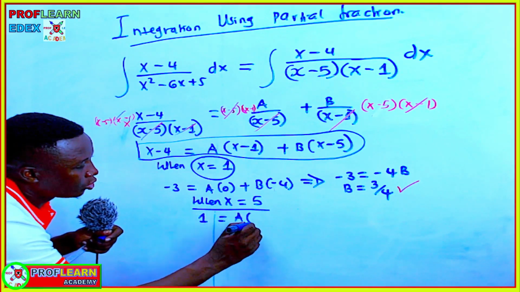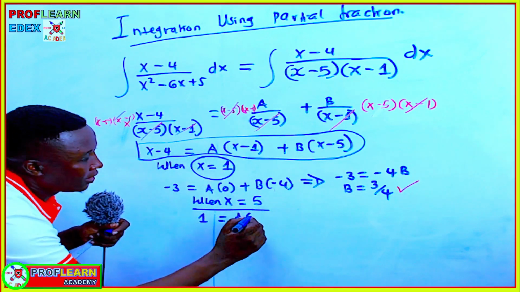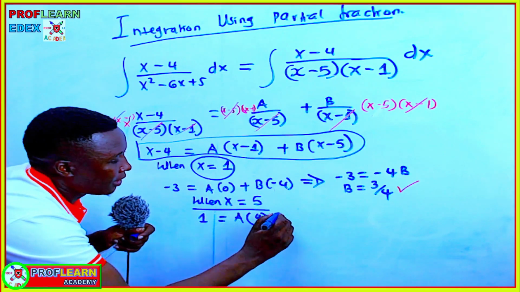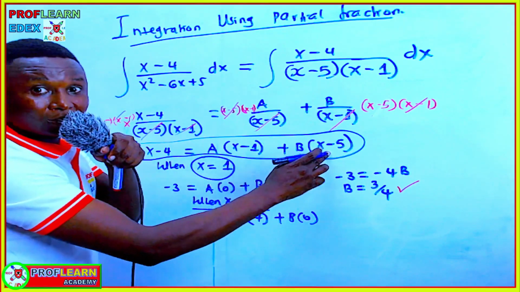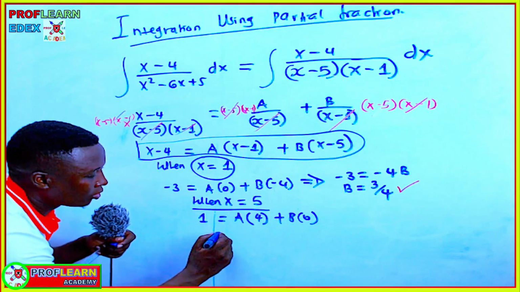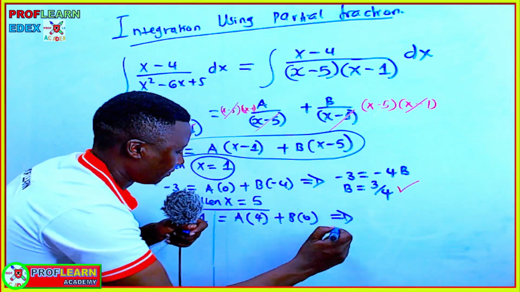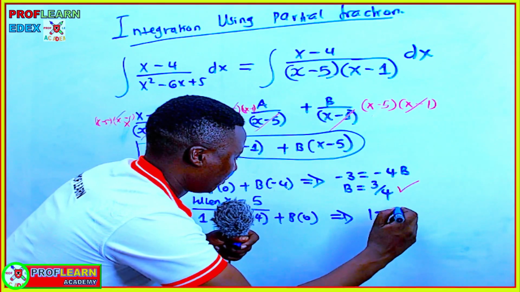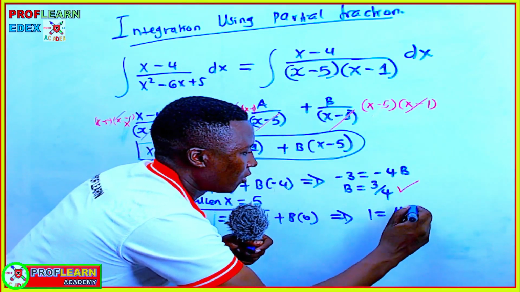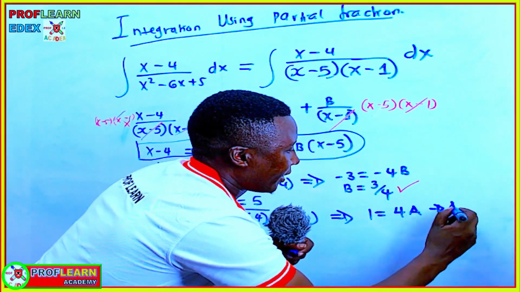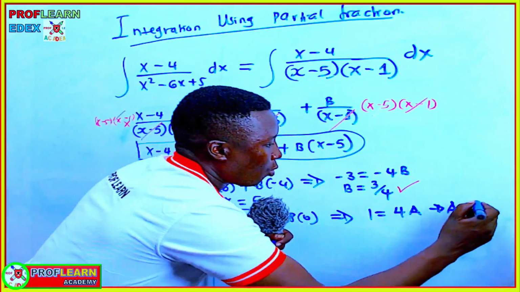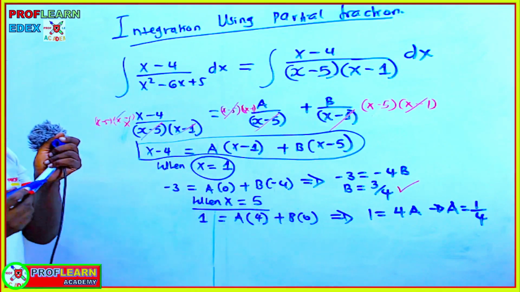Then a into 5 minus 1 is 4, then plus b into 0, because 5 minus 5 is 0. This leaves us saying that 1 equals 4a, which implies that our a is 1 over 4, like that.